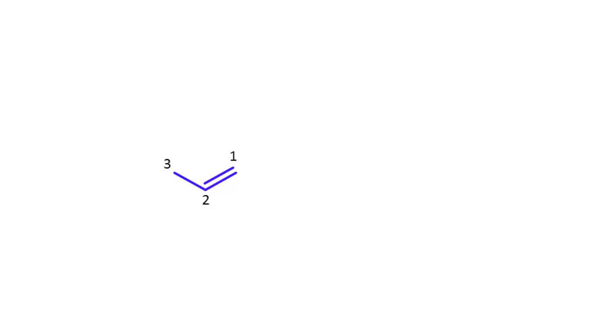Based on the length of the carbon chain, the parent, if it were an alkane, the name would be propane. To change the name to show an alkene exists instead, we drop the A in the ane suffix and replace it with E to make an ene ending.